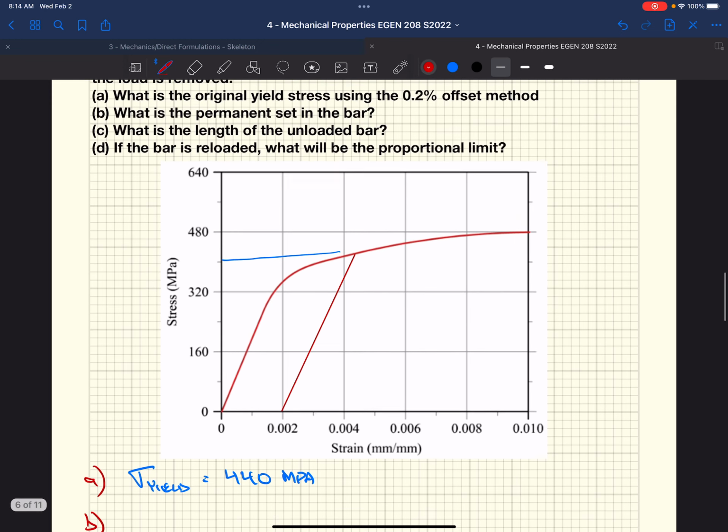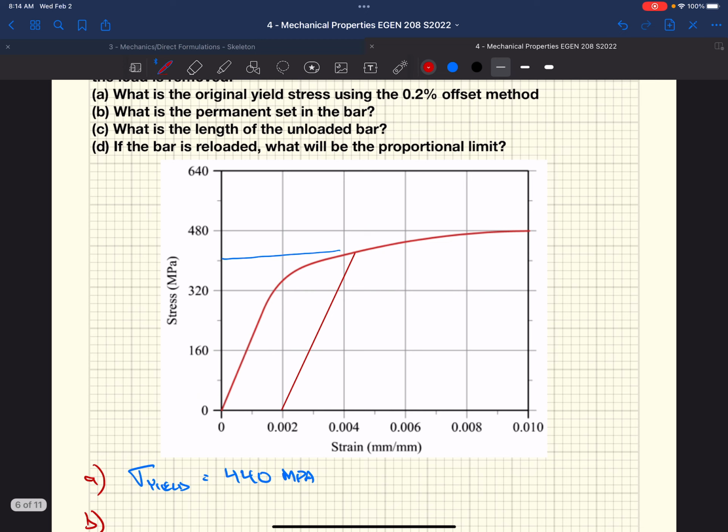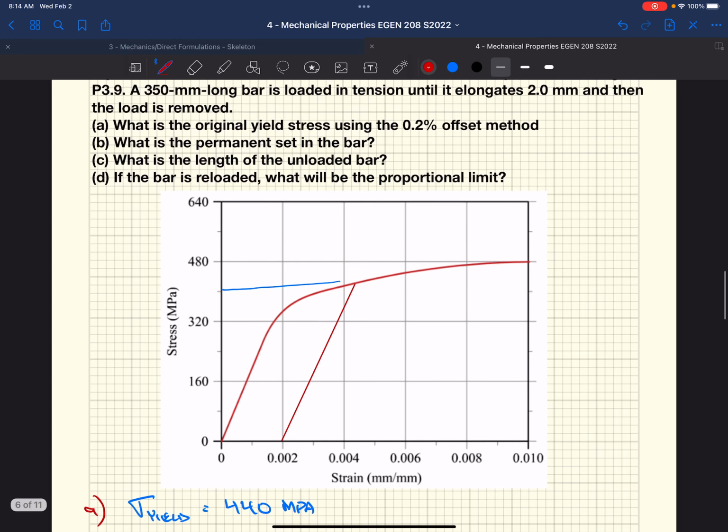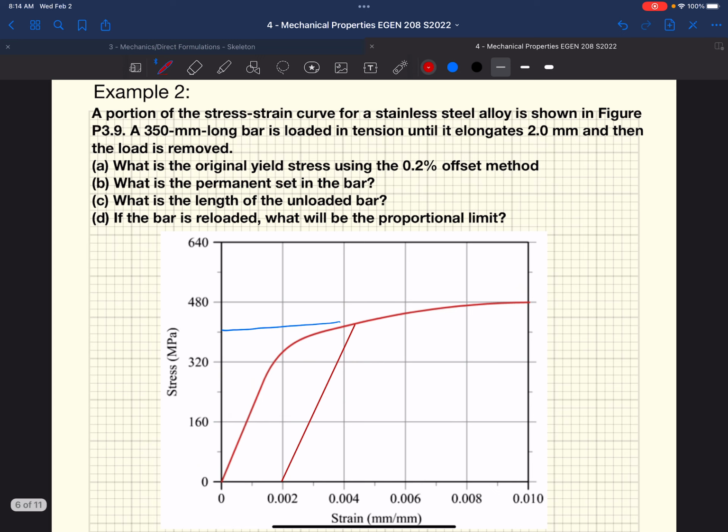Part B asks us for what is the permanent set in the bar. Well, the 350 millimeter long bar, that's the original length. We decided to pull on it to 2 millimeters. That's our change in length. And then the load is taken off of it, right?